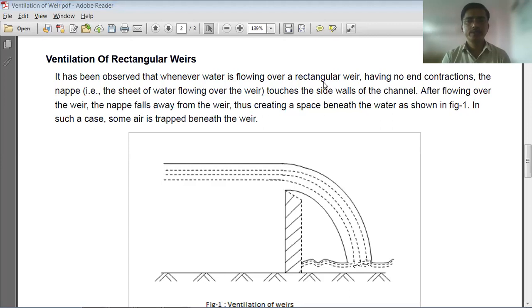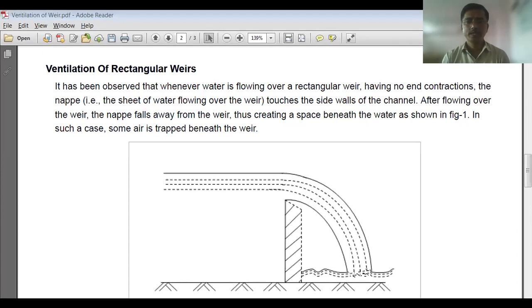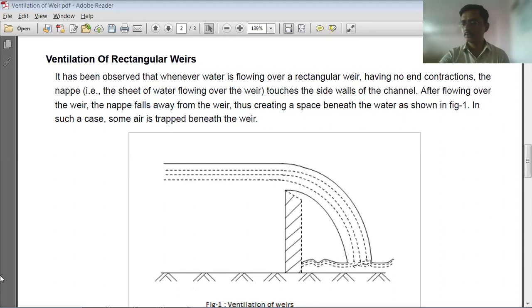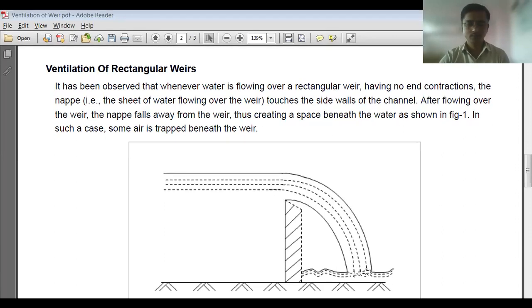Right on the next point, ventilation of Weir. Okay, the calculation part you now keep aside, do it later on. Next point here we are seeing, that is ventilation of weirs.